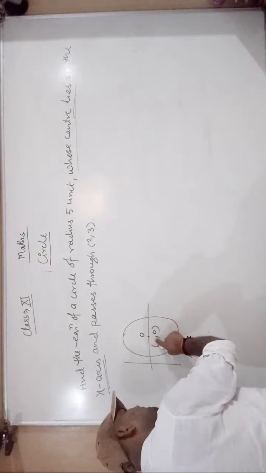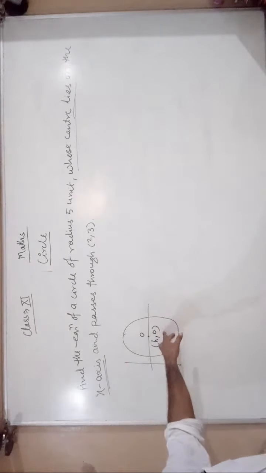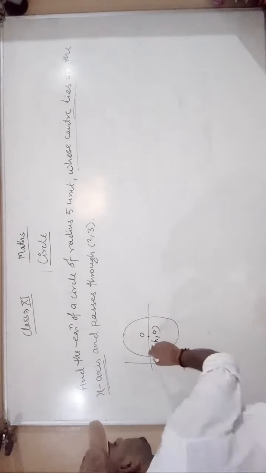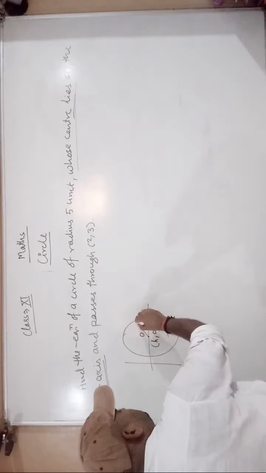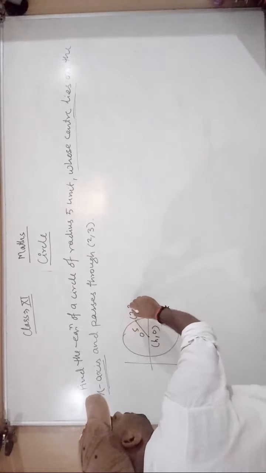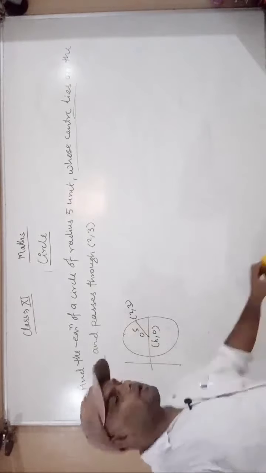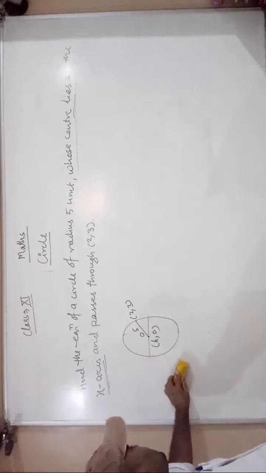Suppose the center is h and 0, k coordinate becomes 0. Radius is given as 5 unit and it is passing through 2 and 3. Okay, so I have just drawn a rough figure of this.